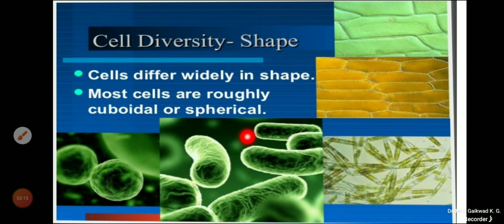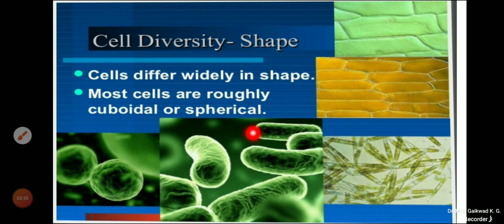Next is cell diversity. Cells are diverse in shape, size, and in different ways. Is there a typical shape of the cell? No, there is no typical shape of the cell.